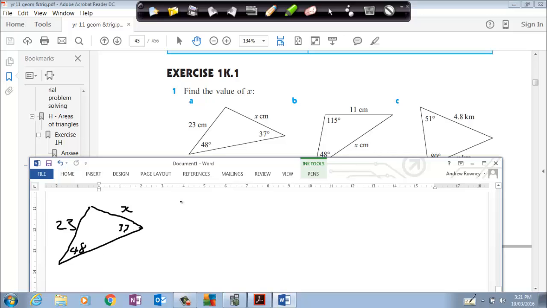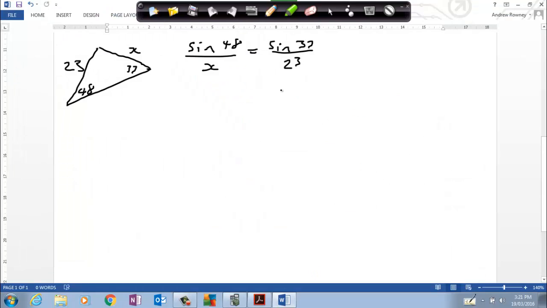Now the sine rule is sine of 48 divided by the side opposite it, which is x, equals the sine of 37 divided by the length of the side opposite it, which is 23. Now we need to solve for x.